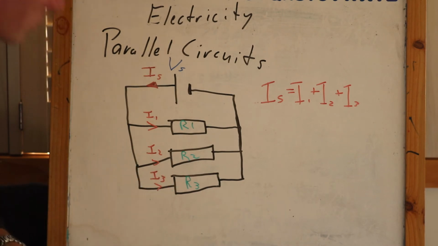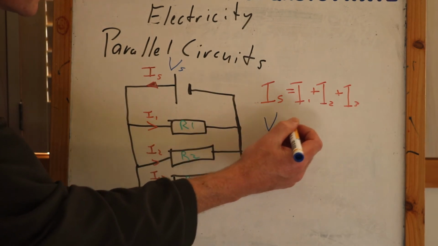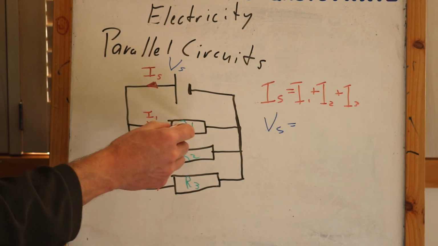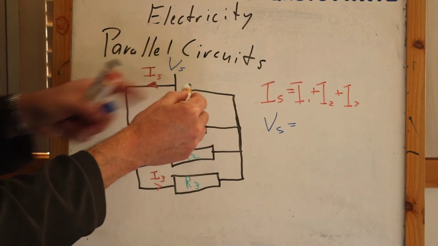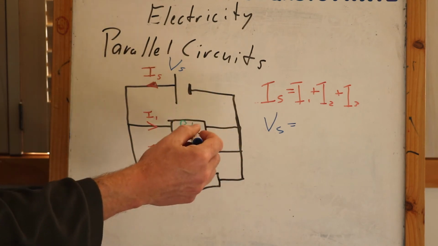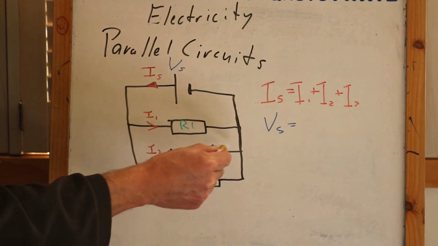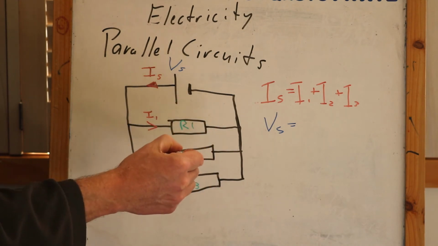The voltage, my supply voltage, what happens here? My resistor 1 is directly connected to the supply voltage. So is resistor 2. You can get from plus to minus going through only one resistor.